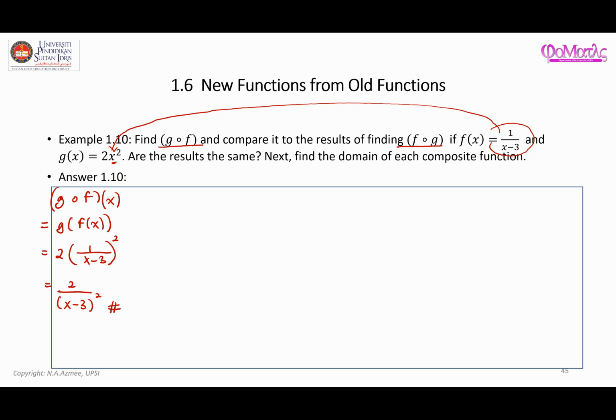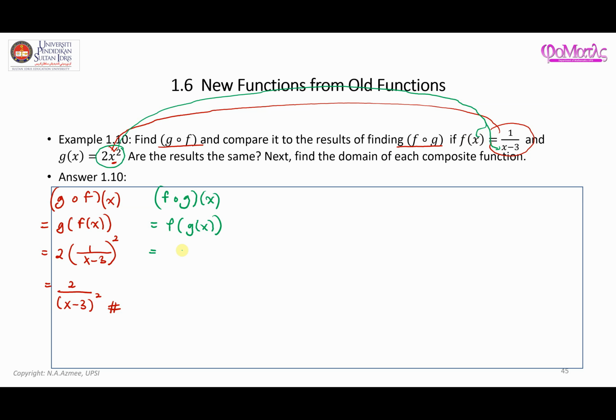Right, next we are going to look at f composed of g of x. So f composed of g of x is just having g of x replacing x inside function f of x. So this is going to replace x in function f of x.